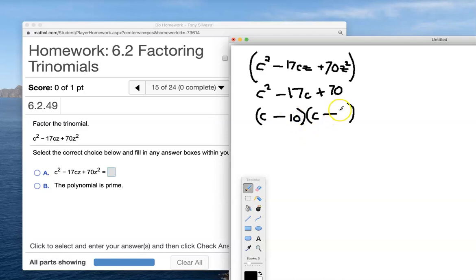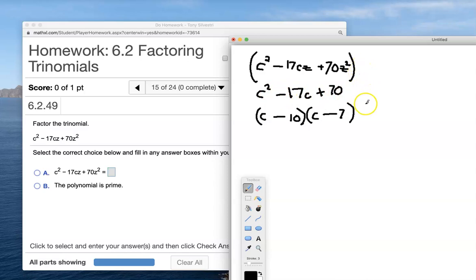And if you do a FOIL, in the background, all you're doing is a reverse FOIL. I know this answer is correct because if I do the FOIL, first terms, outer terms, inner terms, last terms, you're going to get this expression over here. But you're not going to get the original expression.